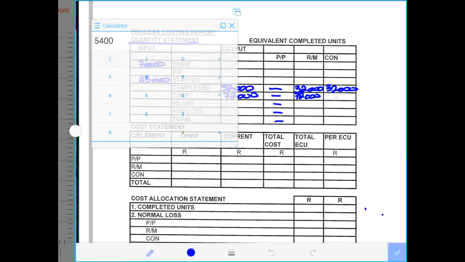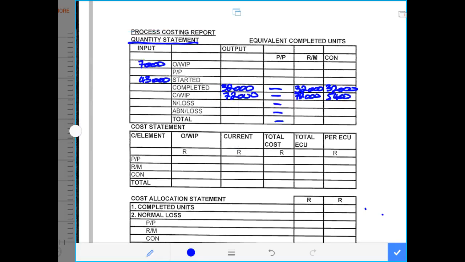Therefore, that will give us 5,400 units that will be allocated to the conversion cost, because the conversion costs are incurred uniformly. So in this case, these units were only 75% complete in terms of conversion cost. Therefore, we must record the partially completed units. That means units that are not completely completed, but they are so-called partially completed units.